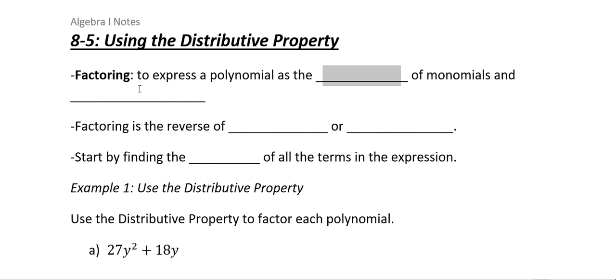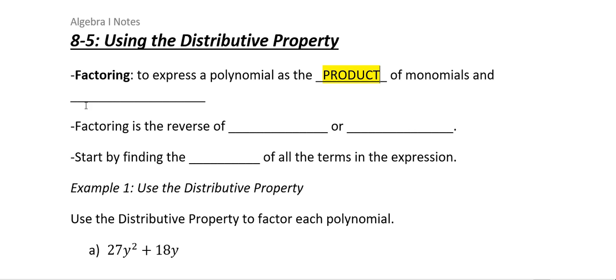So what factoring does is we're going to take a polynomial like this, 27y squared plus 18y, and we're going to break it down into the product, which means we're going to have it as a multiplication problem instead of a final polynomial.